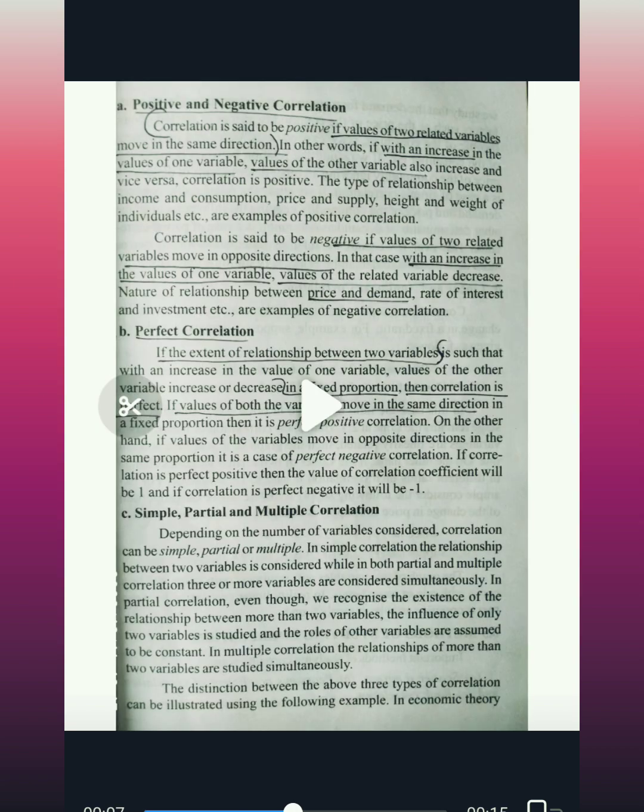When we move to the types, the first one is positive and negative correlation. Correlation is said to be positive if values of two variables move in the same direction. In other words, if with an increase in the values of one variable, values of the other variable also increase, and vice versa, then this correlation is said to be positive.